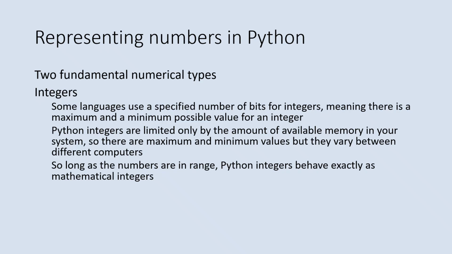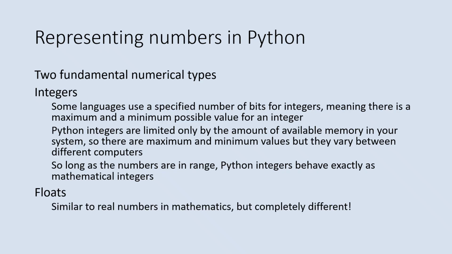In Python, the integers are limited by the amount of memory we have available. And so there's still a maximum and a minimum, but it depends on the particular computer and the amount of memory that's available there. But in these cases, as long as all of our calculations stay within range, Python integers behave the same way as mathematical integers.